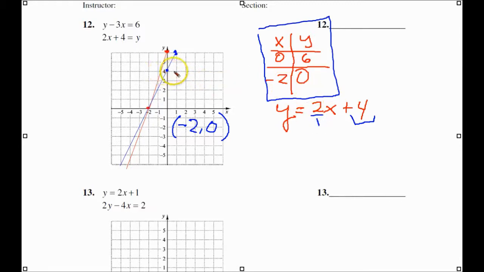So from 4 we go over 1 up 2. Then if you carefully make your lines, and that'll be the thing, you have to carefully make your lines. In MATLAB, that's rather easy to do, but you need to know what your points are. And then our point of intersection is at -2, 0.